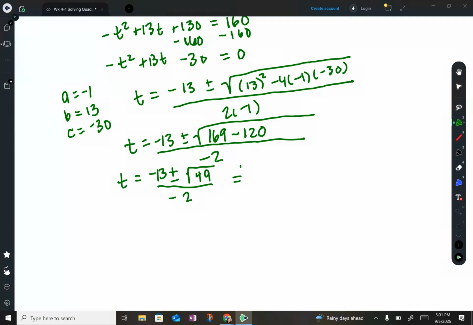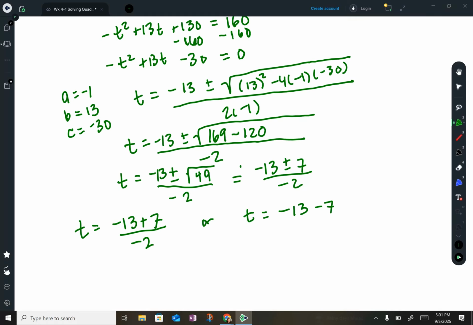So this is equal to -13 plus or minus 7 over -2. So t is either equal to -13 plus 7 over -2 or t equals -13 minus 7 over -2.